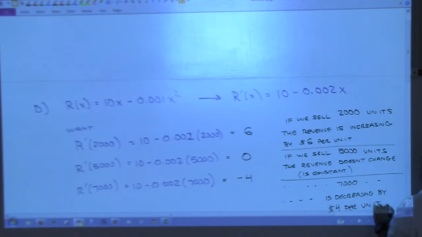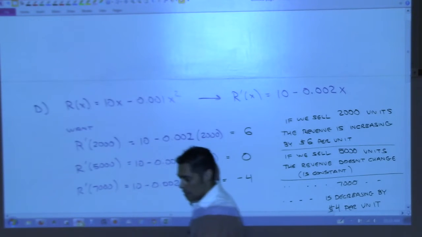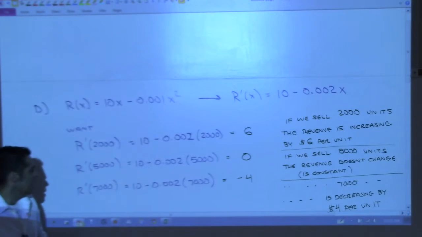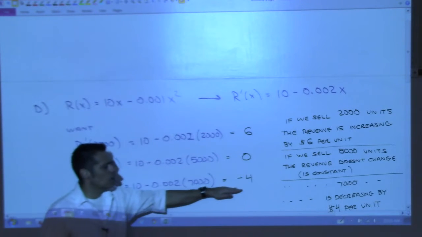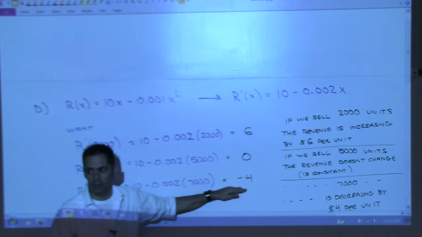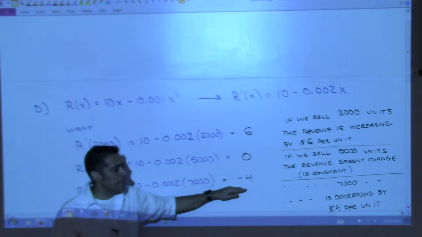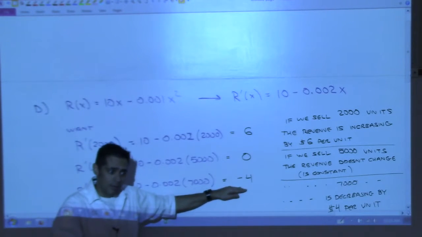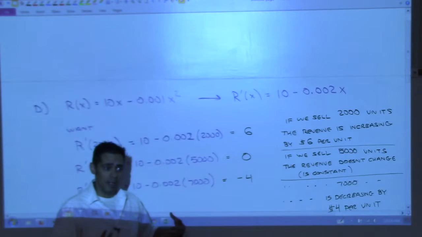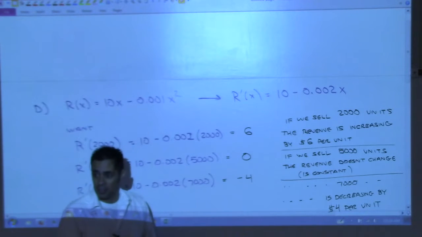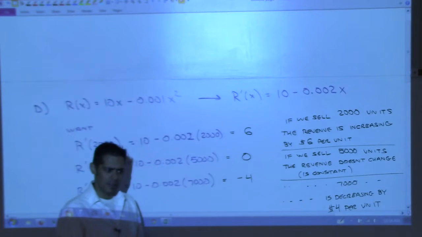Now I have a very important question right now. Does this right here mean that we are losing money? No. It just means the rate at which we are bringing money in is going down. You're still bringing money in. You're just not bringing it in as fast. Does that make sense?